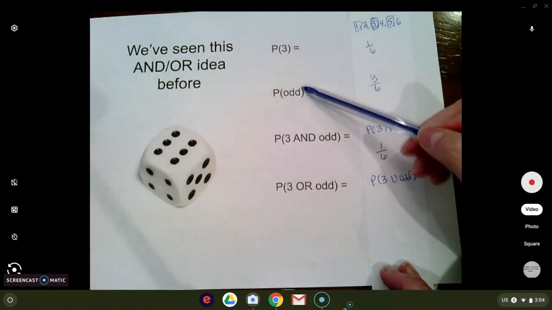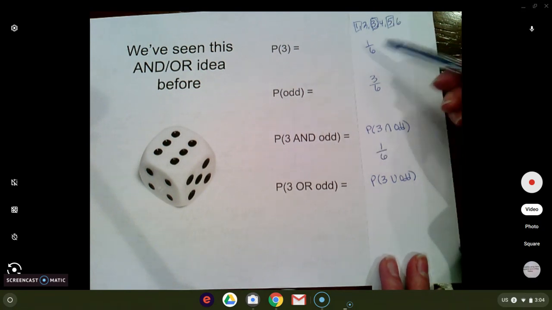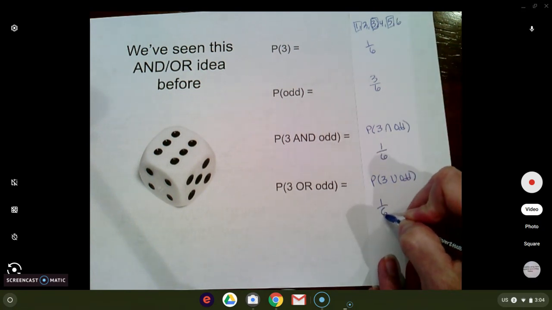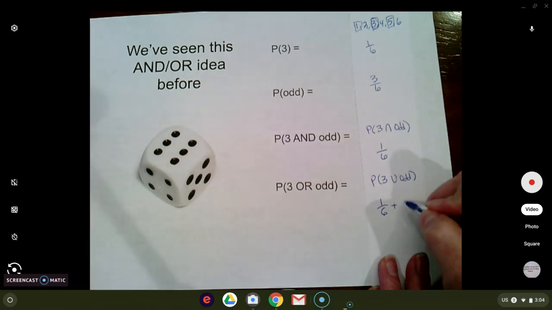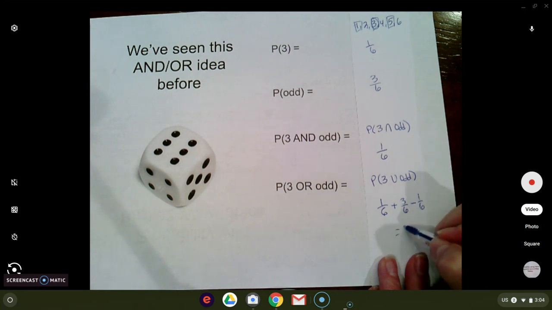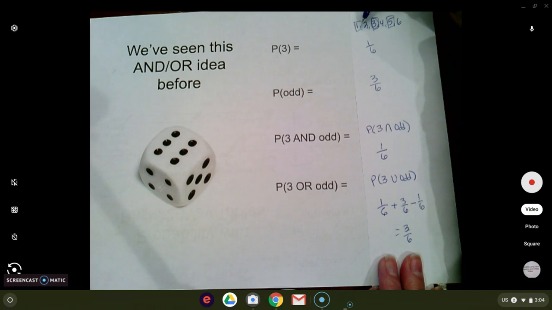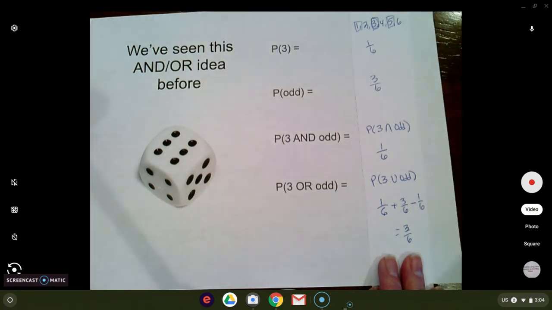Can we add these together and subtract off the overlap? So let's find the probability of rolling a 3, add the probability of rolling an odd, and subtract off the overlap because we don't want to have that in there twice. That equals 3/6. And is that 3 or odd? Well, that would be these 3 guys. He's already counted. So yeah, 3 out of 6. It works. Okay, thank you very much.